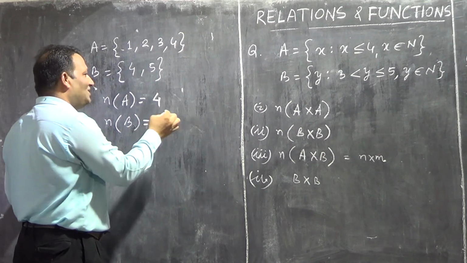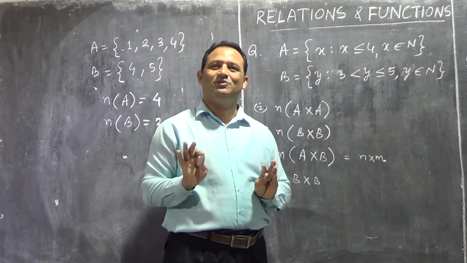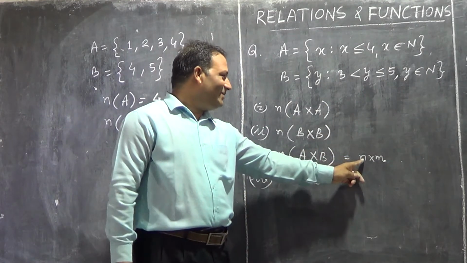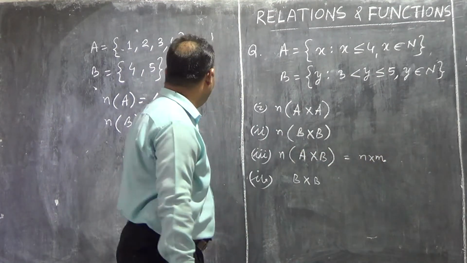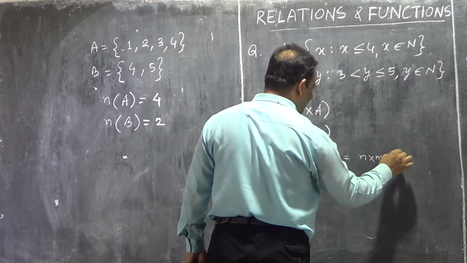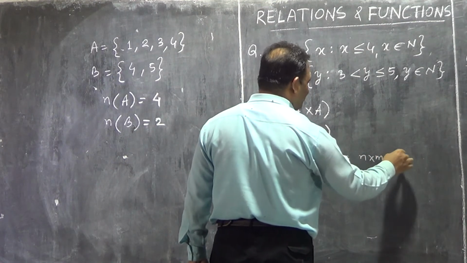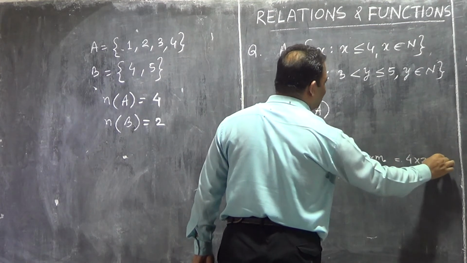See, we have nothing to do with n and m. If you say A and B, any variable you take, no problem. This is number of elements in A into number of elements in B. So number of elements in A is 4, number of elements in B is 2, so 4 into 2, 8.